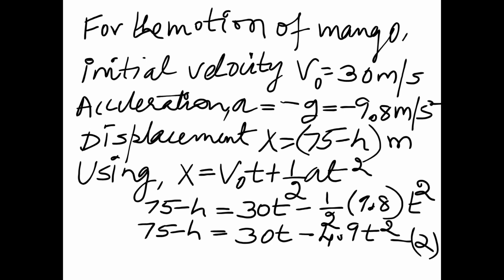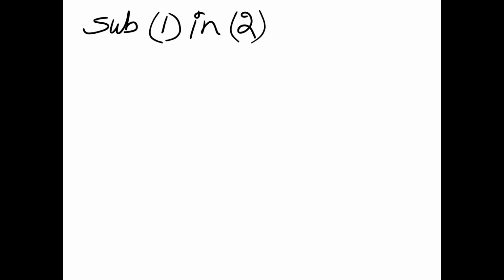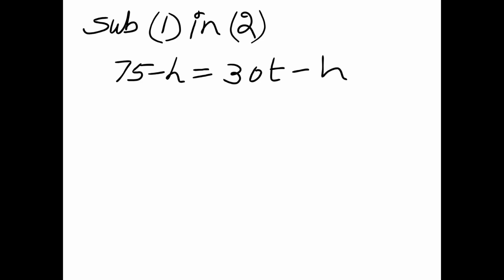So 75 minus h equal to 30t minus h from equation 1.